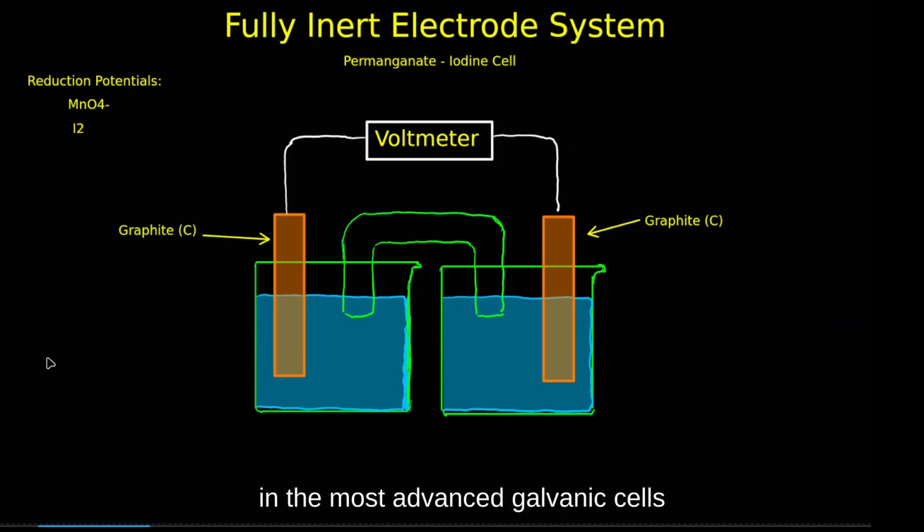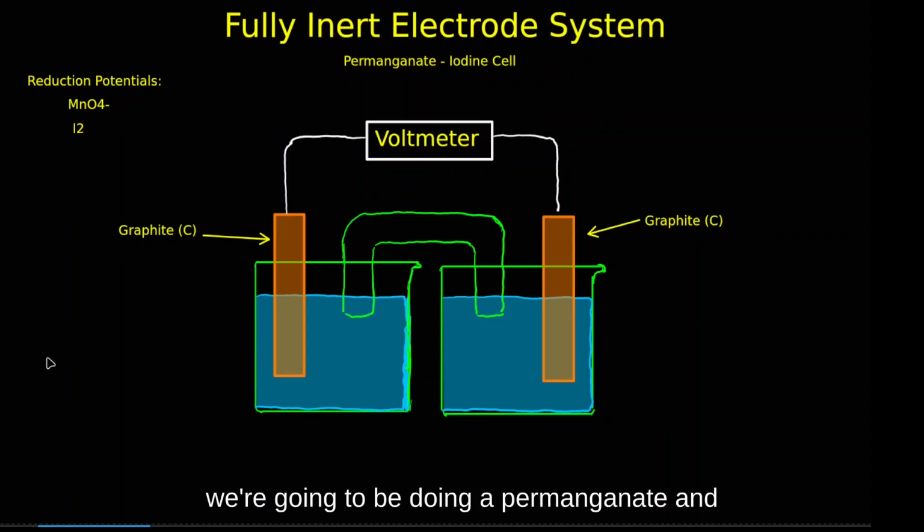In the most advanced galvanic cells, neither half reaction contains a solid conducting substance. Both electrodes are inert. They only exist to provide surfaces for electron transfer. This proves that galvanic cells do not require the electrodes themselves to react. They only require a pathway for electrons. In this example, we're using graphite, which is an allotrope of carbon.